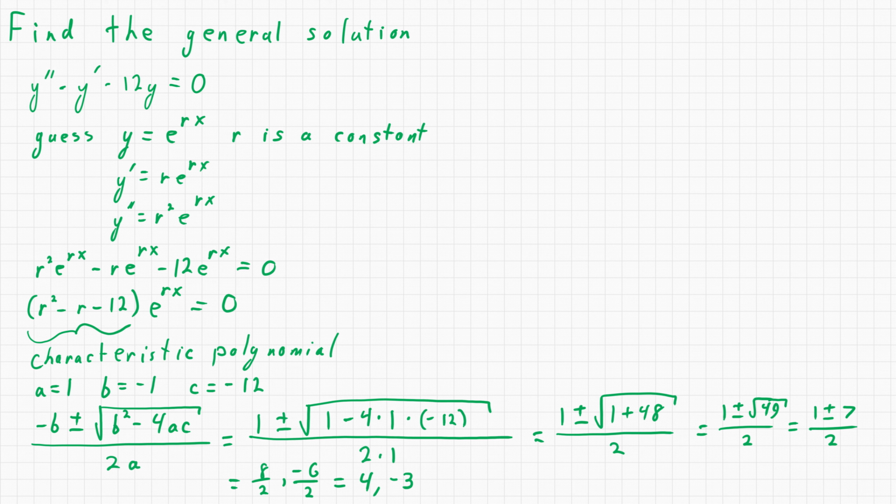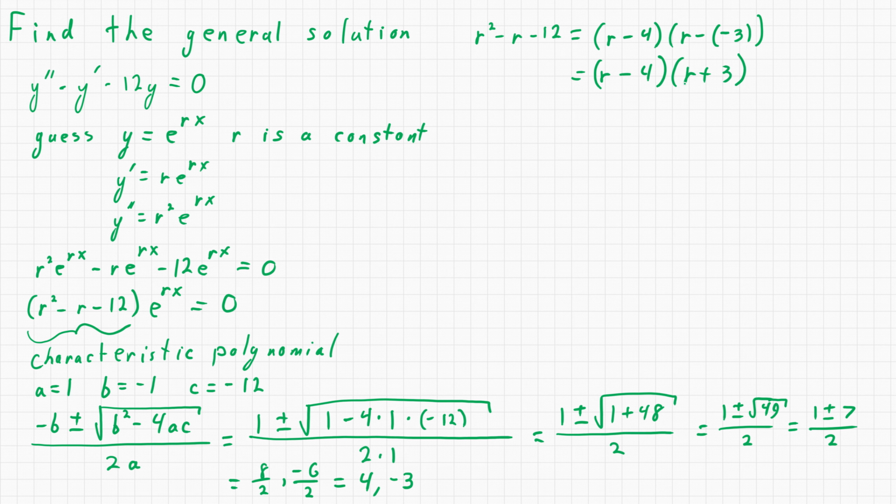And that looks plausible, so I should have r squared minus r minus 12 equal to r minus the first root, so r minus 4, then r minus the second root, negative 3. So that ends up being r minus 4 and r plus 3.